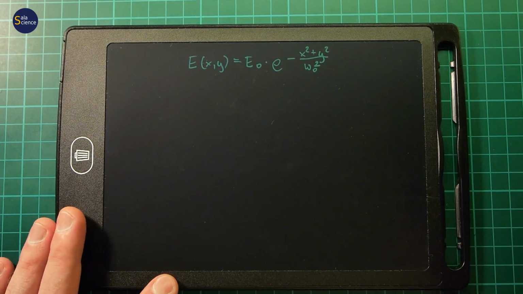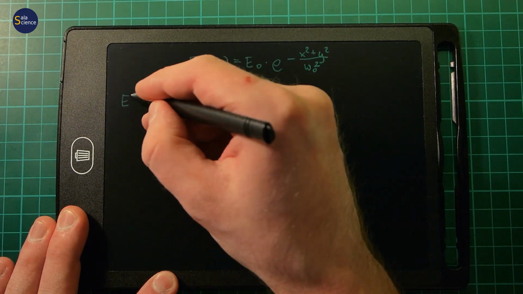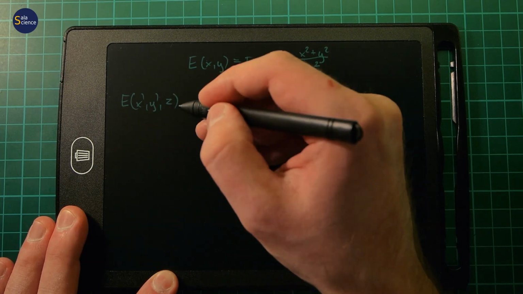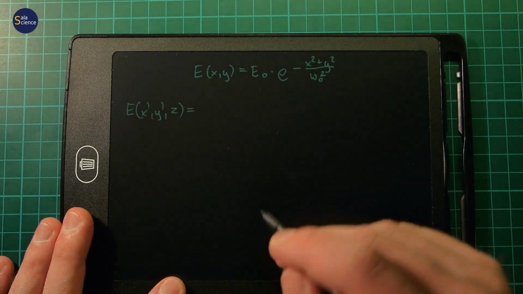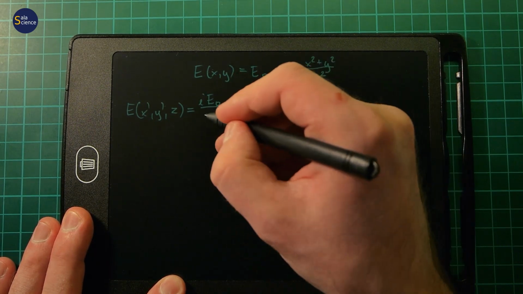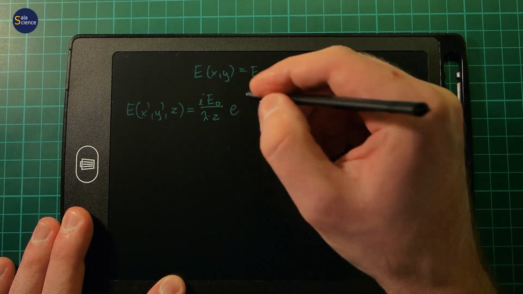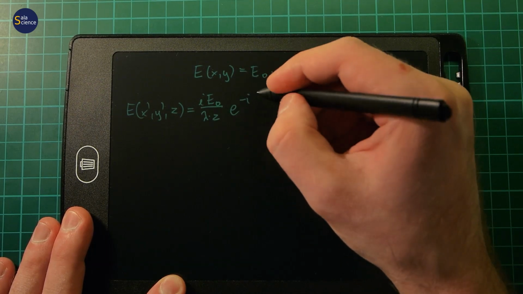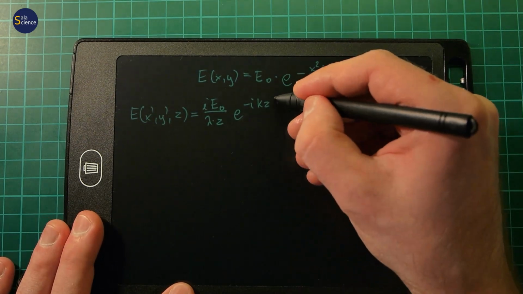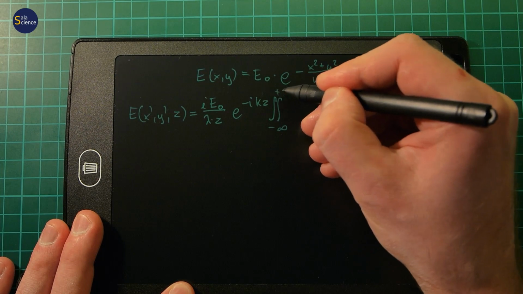From Fresnel's diffraction, we can write that E at point x prime, y prime, z equals i E naught over lambda z times e to the minus i k z, and we have the integral from minus infinity to plus infinity.